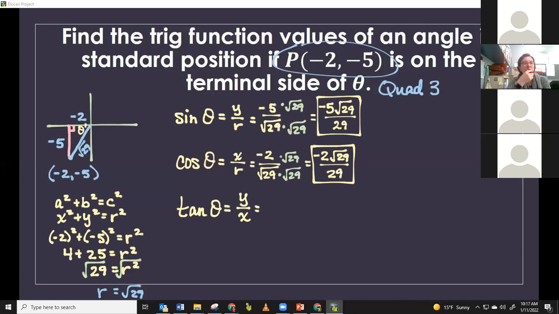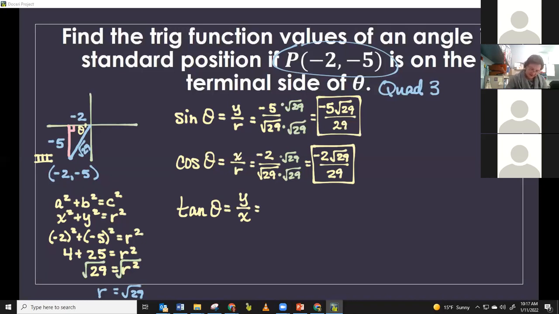Tangent. Before you tell me the tangent value, we are in the third quadrant. So what do you know about the tangent value? What type of number are we going to get? Positive. Absolutely correct.